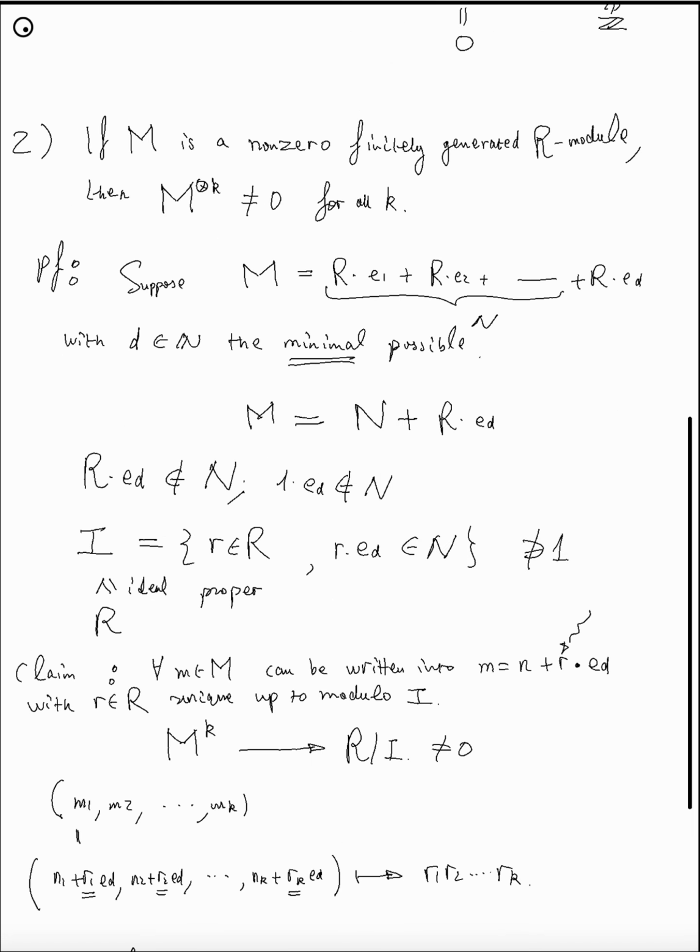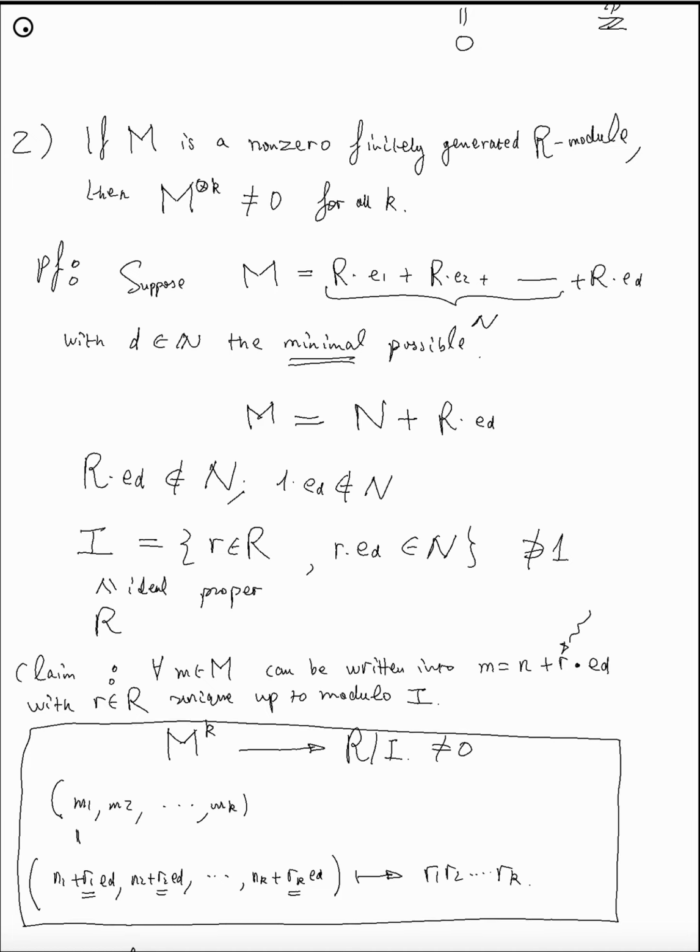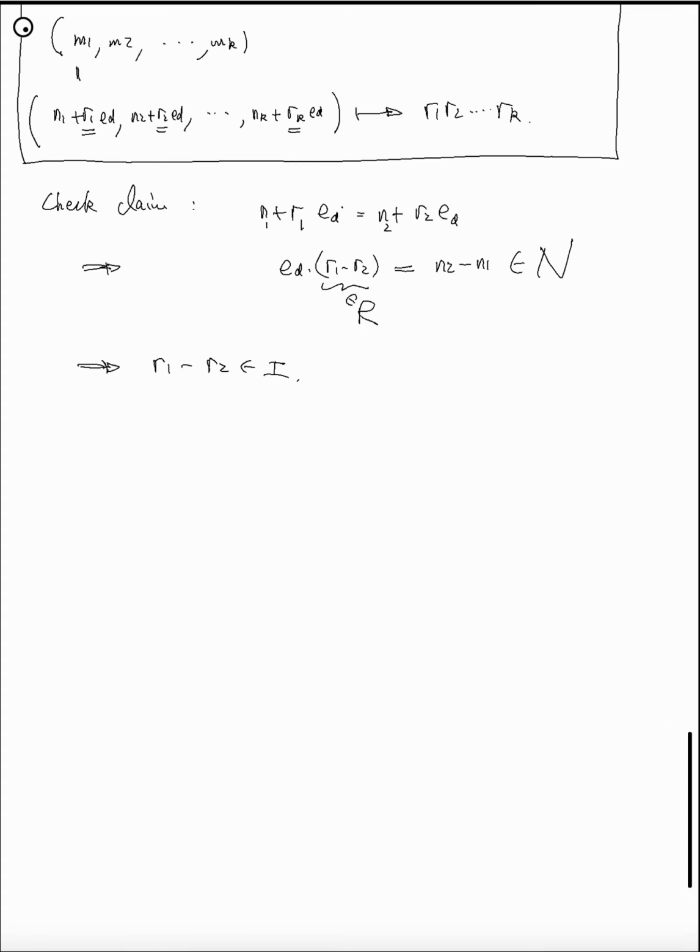Now we look at this map. This is a bilinear map, a multilinear map. Basically, when you multiply each component by R, it contributes R on the right hand side, and it's R linear.